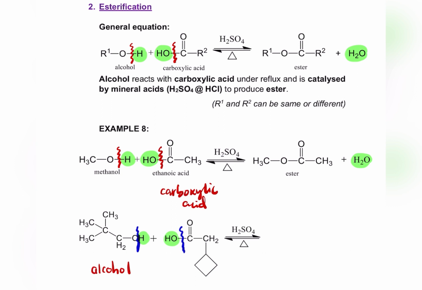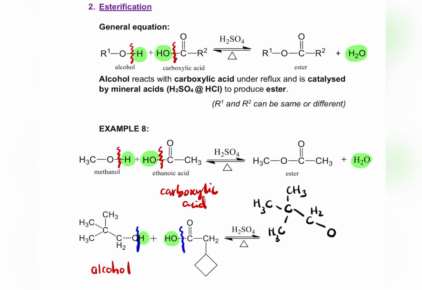So I'm going to draw my structure one by one, starting from alcohol. I got C bonded to CH3, 3 of them. And the next one I bonded to CH2 attached to O. And then this O is coming from here. It's bonded to carbon of carboxylic acid.